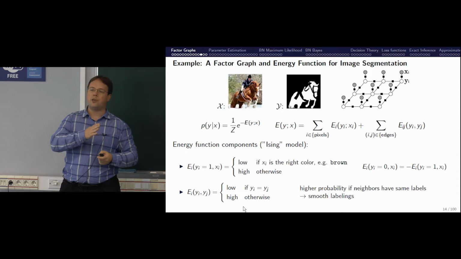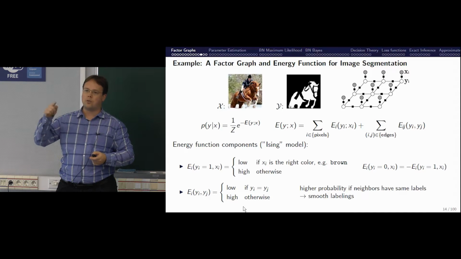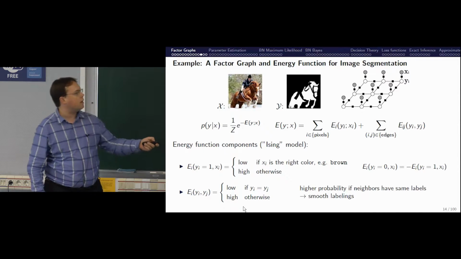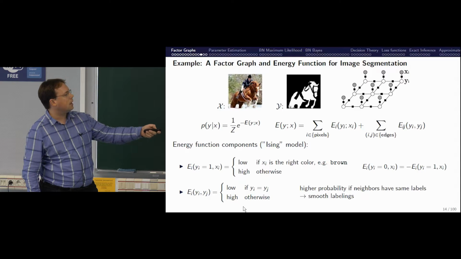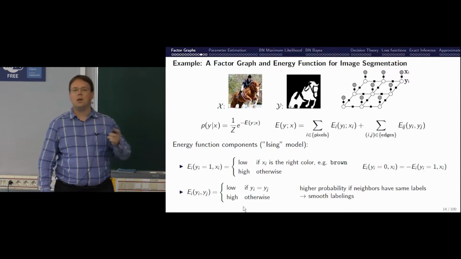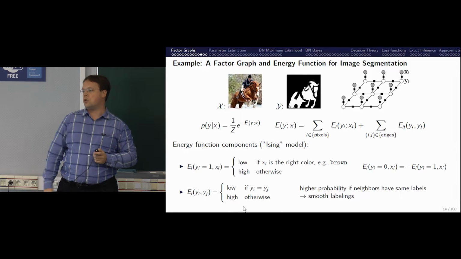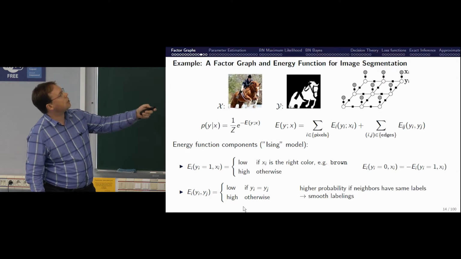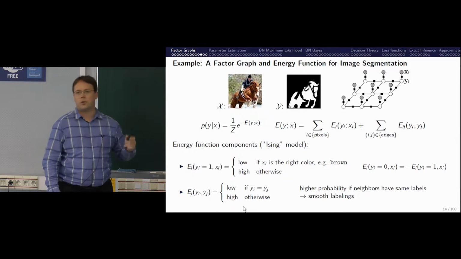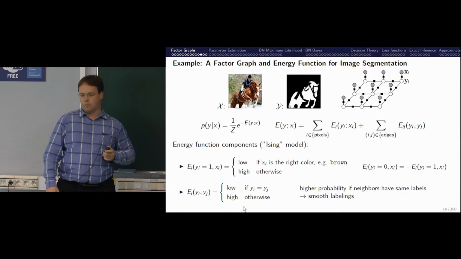So you will not get regions where it's foreground, background, foreground, background, foreground, background. That would be too many neighbors that have different labels, so that would give you a low probability. Instead, it will give you large regions where the label doesn't change. And you will get outputs that look similar to this. So there are, of course, switches, but relatively few.